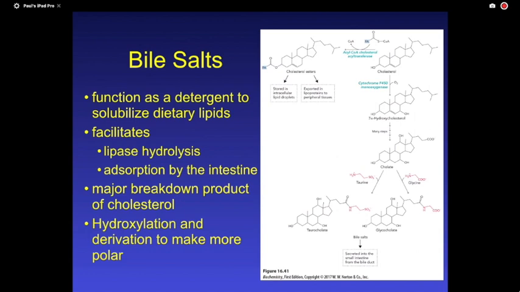We'll also add a very polar molecule, either glycine or another charged molecule, to the end of the chain. We get a molecule that has both polar and nonpolar regions, and they can be used as what are called bile salts, which can dissolve fatty material in the stomach so that it can be solubilized and digested. The bile is stored in the gallbladder.